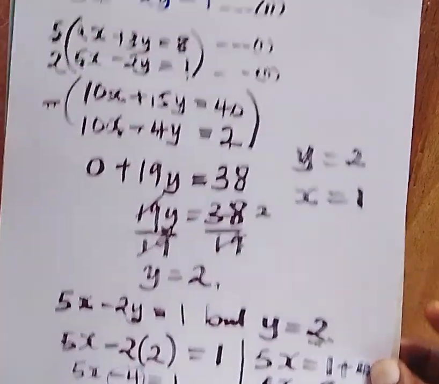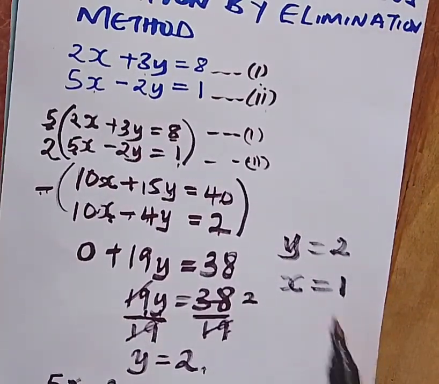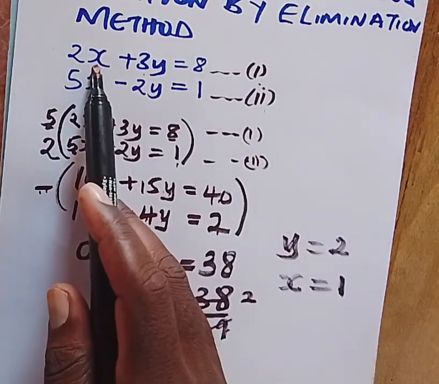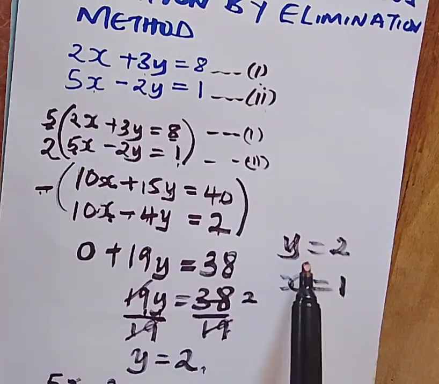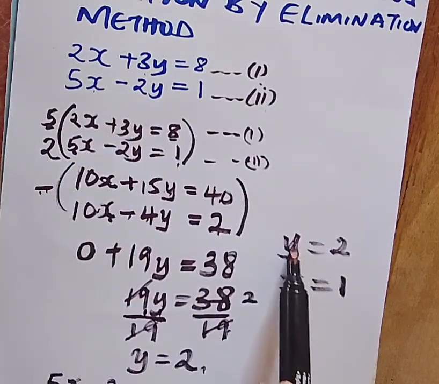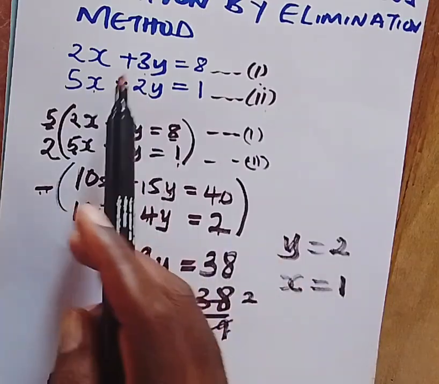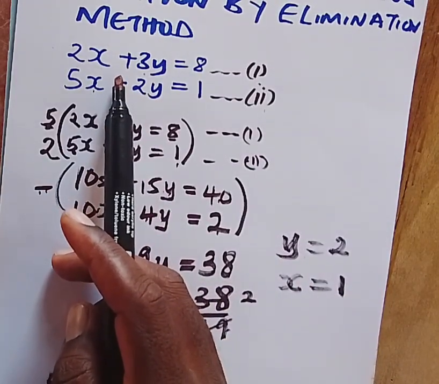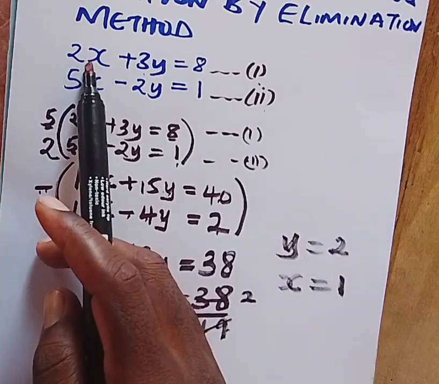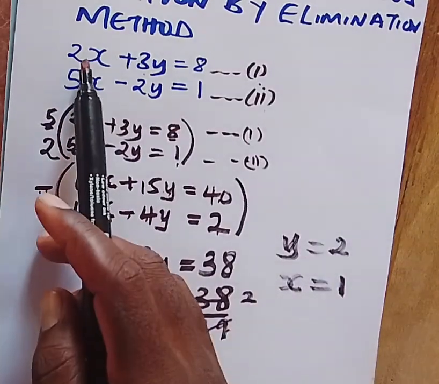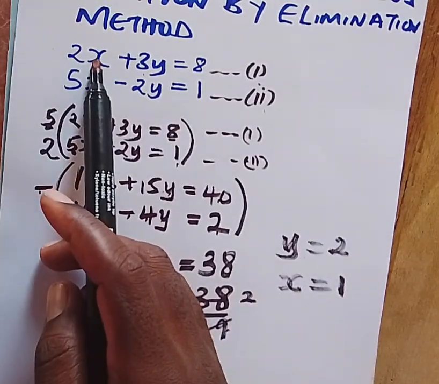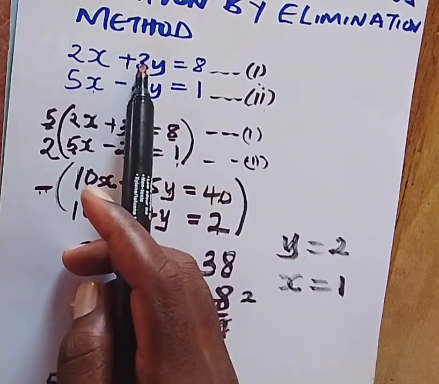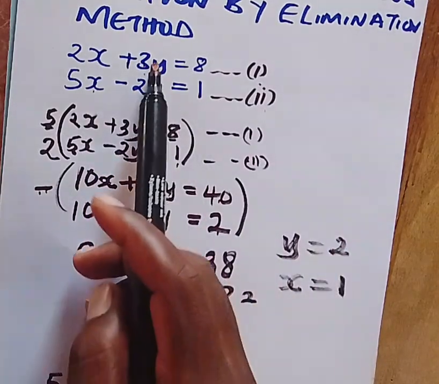Now, to test whether the answers are correct, you can substitute the values of y and x into any of the equations and see whether it satisfies. Here x is 1, so 2 times 1 is 2, plus 3 times 2, which is 6.